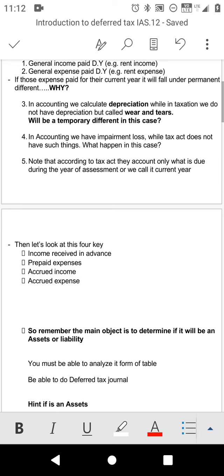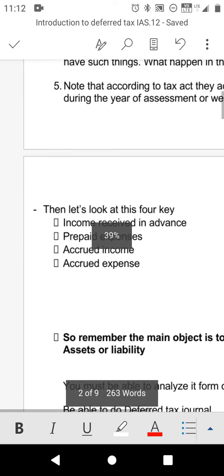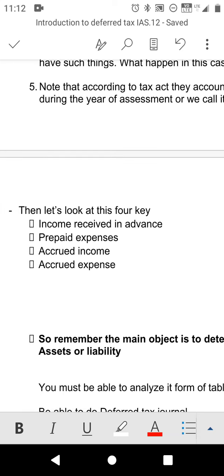Okay, then look at these 4 keys. I'm sure you are familiar with these words. In accounting, we have income received in advance, prepaid expense, accrued income, and accrued expense. You will never find these words in taxation, which means that there will be a rise of deferred tax because of these 4 words.